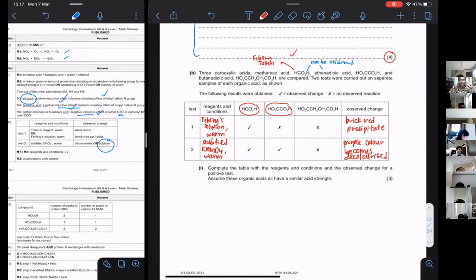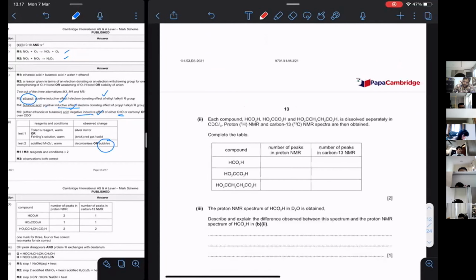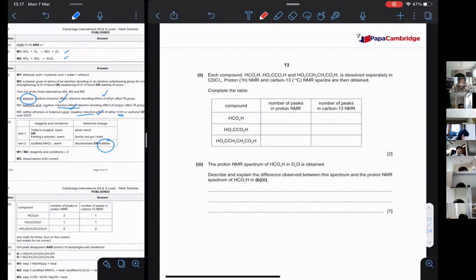Complete the table, observe the change, assume all of these have similar acid strength. Done. Now, each of the compounds, methanoic acid, ethane dioic acid and butane dioic acid, is dissolved separately in CDCl3. So CDCl3 is going to be the solvent, and after that they use proton NMR and carbon-13 NMR.